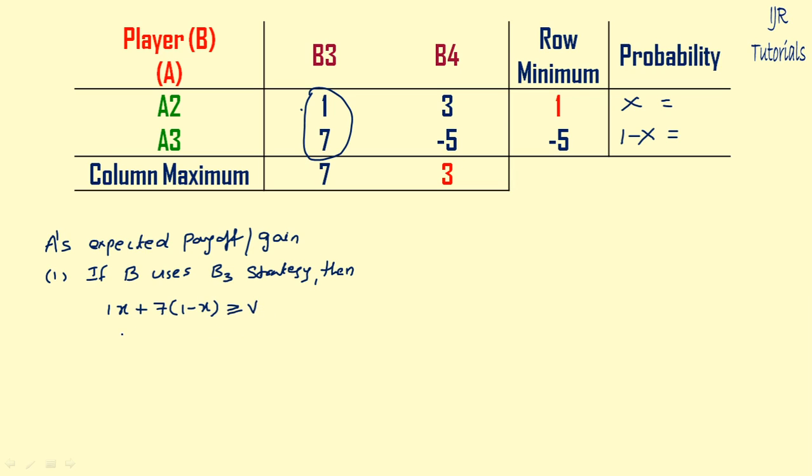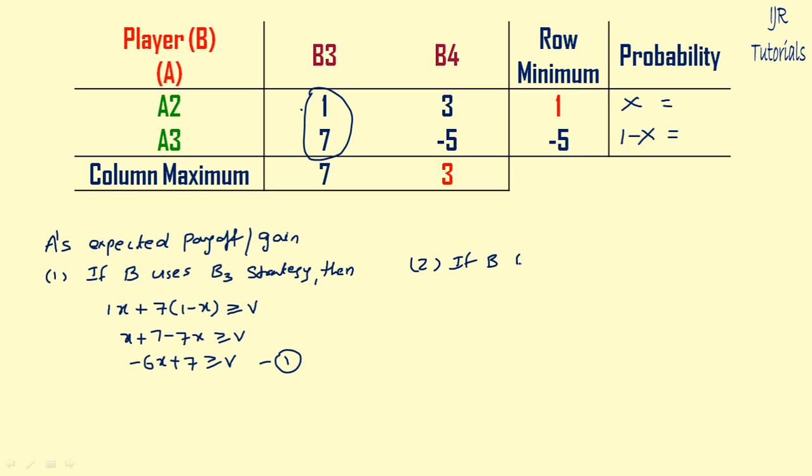So x plus 7 minus 7x greater than or equal to v. That means minus 6x plus 7 greater than or equal to v. This is the first equation, and let us see the second equation.